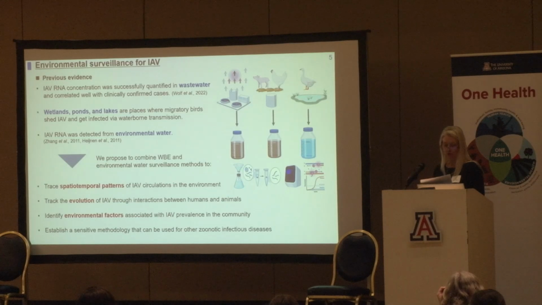This information is really important for preparing for the next potential pandemic, especially involving IAV. And in addition, the environmental surveillance system can be applied to other zoonotic infectious diseases.